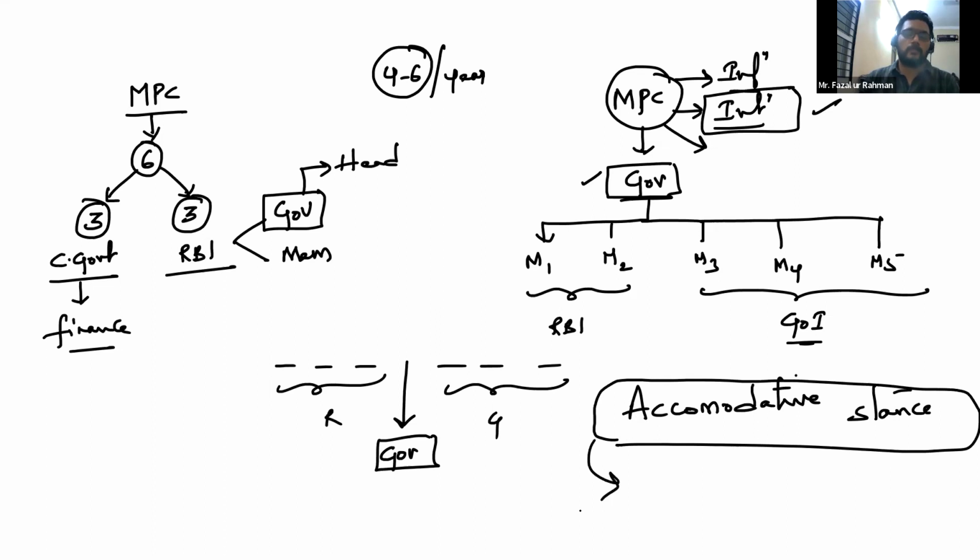Accommodative stances means that the RBI is not changing its policy rates, meaning inflation setting rates, the interest rate, the repo rate and all. If RBI is not going to change its policy rates, then it is continuing its previous policy rates in the present financial year or in the present quarter also. So in that case, RBI is following accommodative stances policy.